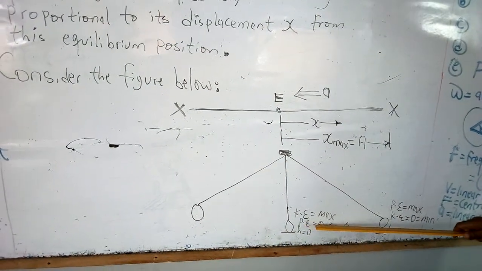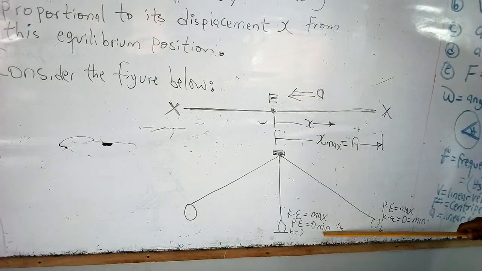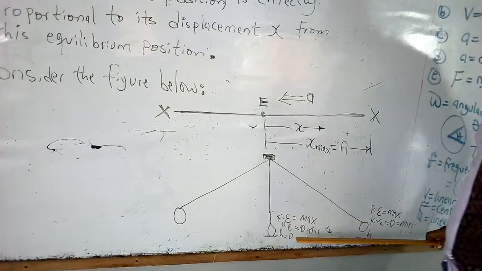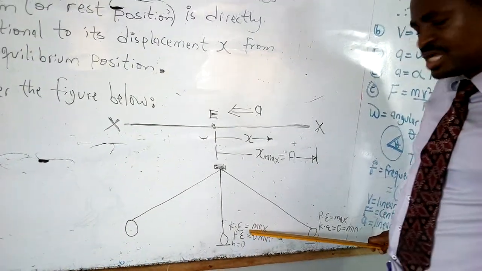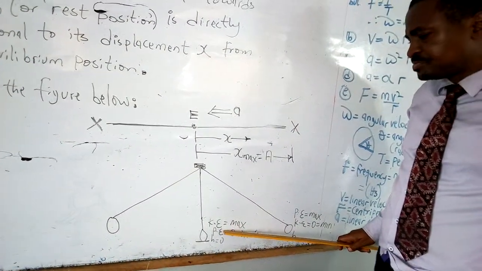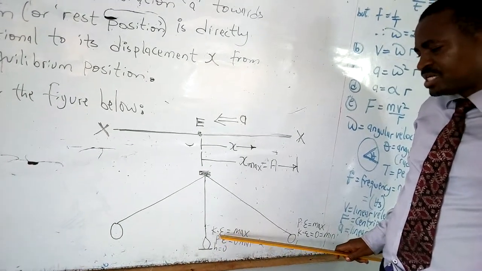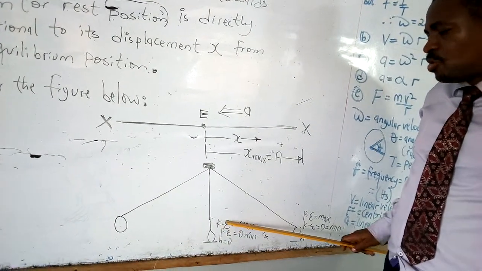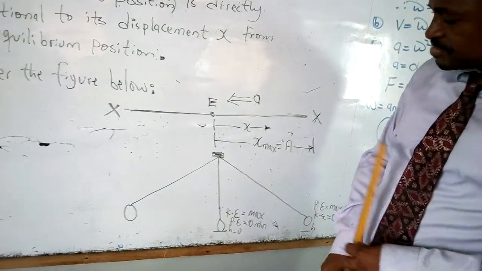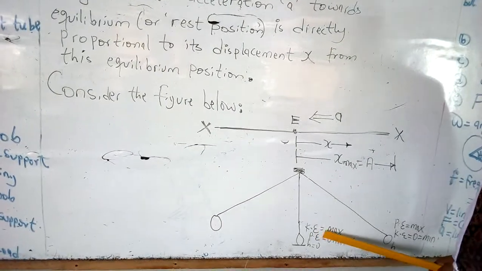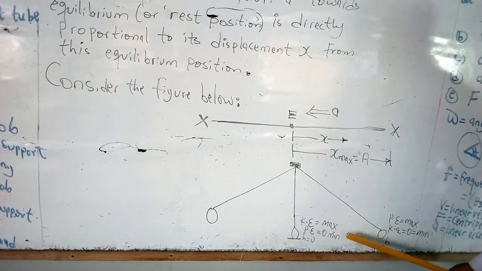Therefore, the potential energy is going to be minimum at that point, because of the law of conservation of energy: energy can never be created nor destroyed. When the potential energy reaches 0, it will be converted to kinetic energy. So, in essence, at equilibrium position, the kinetic energy is maximum while the potential energy is minimum.